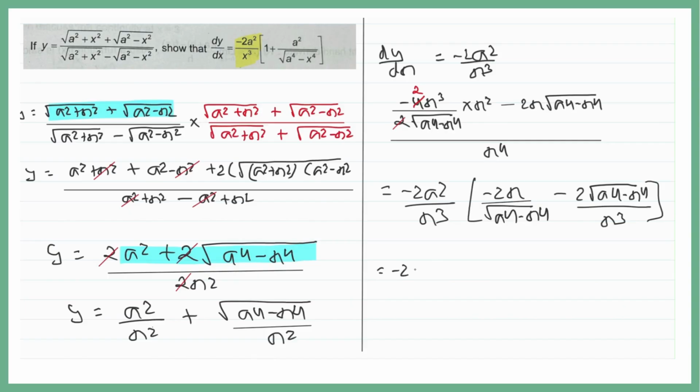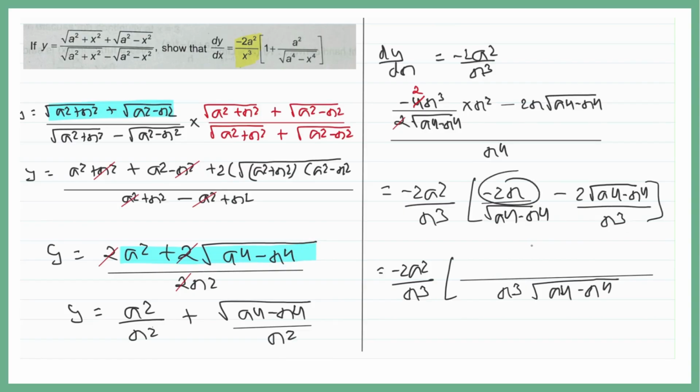So this is minus 2a²/x³, plus a second term. On this part, if I take the LCM, it is going to be the product of these two denominators, that is x³ times the root of a⁴ − x⁴.